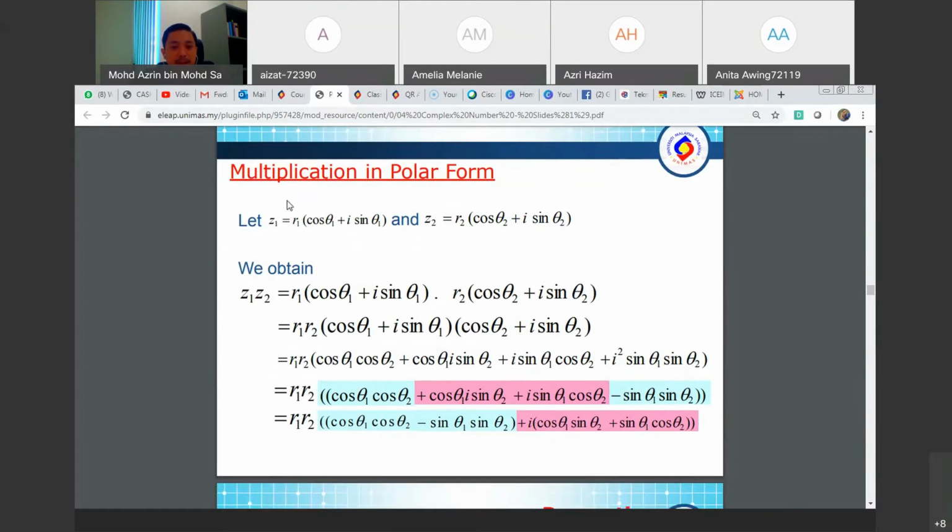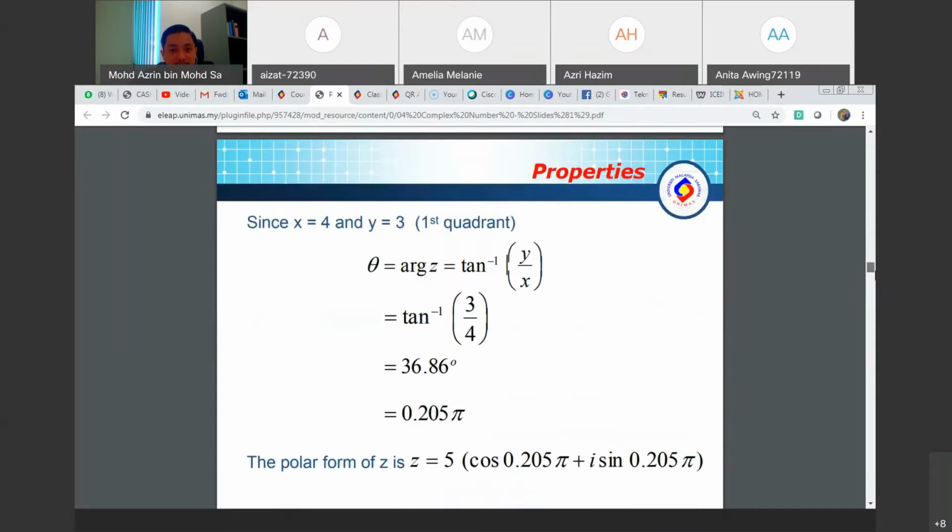In multiplication in polar form, let z1 equal to r1 cos theta 1 plus i sin theta 1, and z2 is r2 cos theta 2 plus i sin theta 2. So this one yang kita tengok kan, yang kita tengok ni adalah benda yang sama dekat atas tadi.